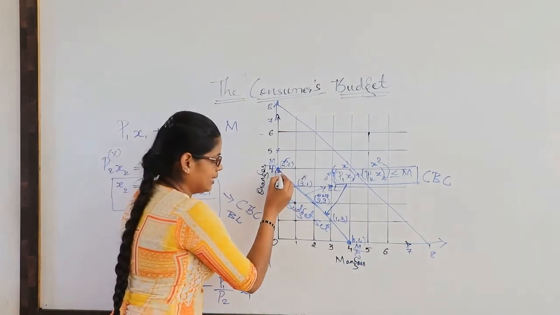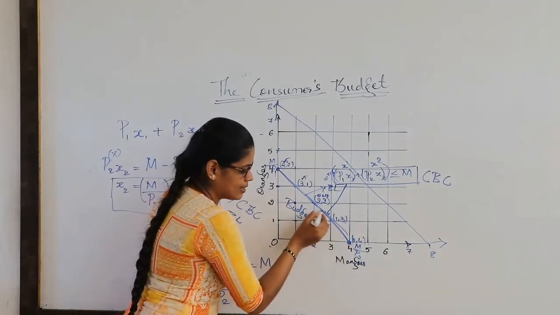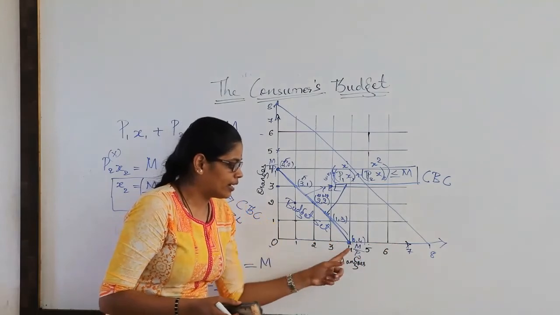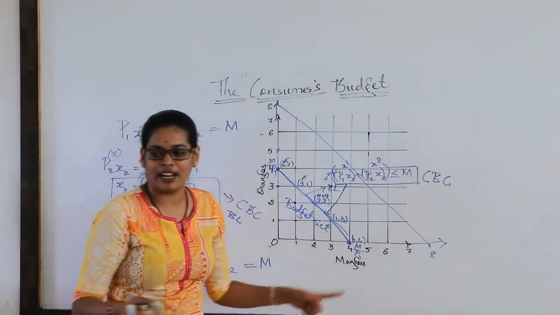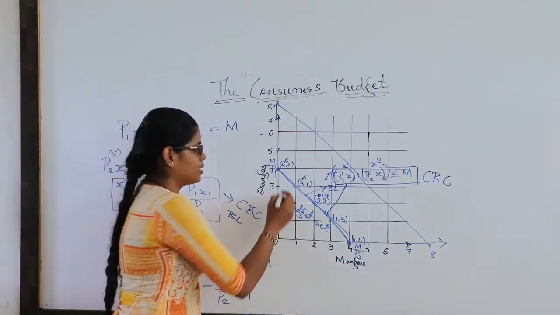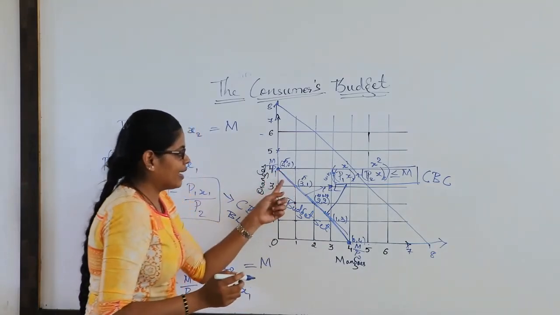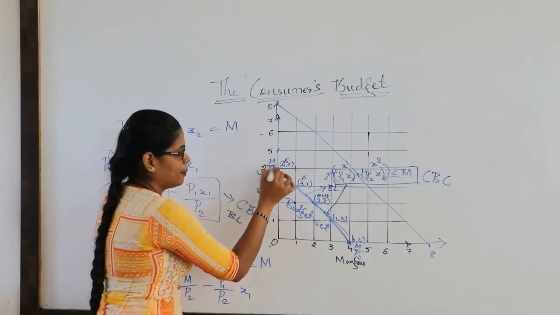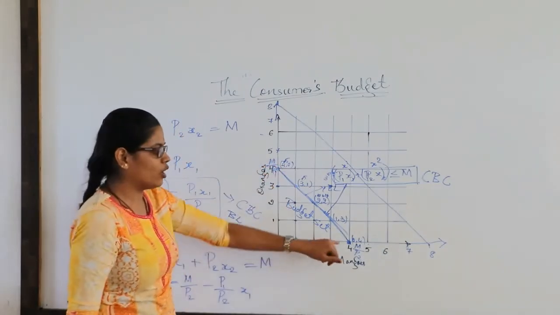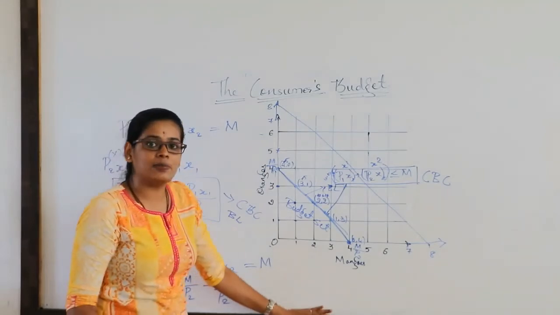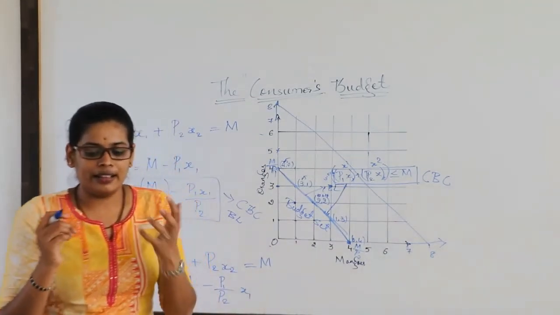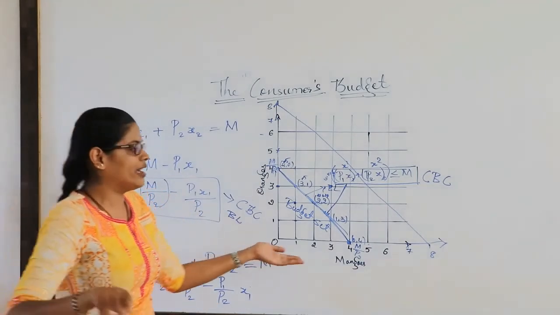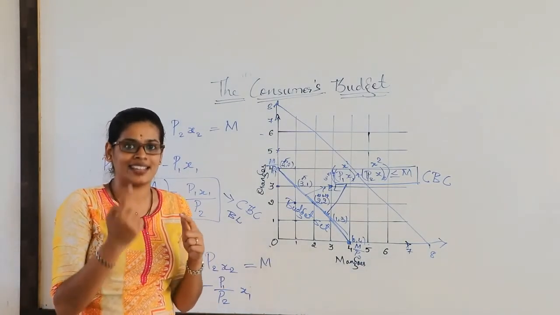So this is the budget line, which intercepts the horizontal axis at the point M divided by P2, and intercepts the vertical axis at the point M divided by P1. Why are we calling it intercepting? In our previous classes we have seen many graphs wherein we said intersecting, right?